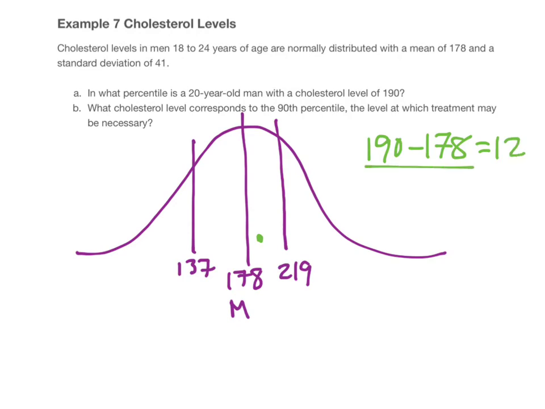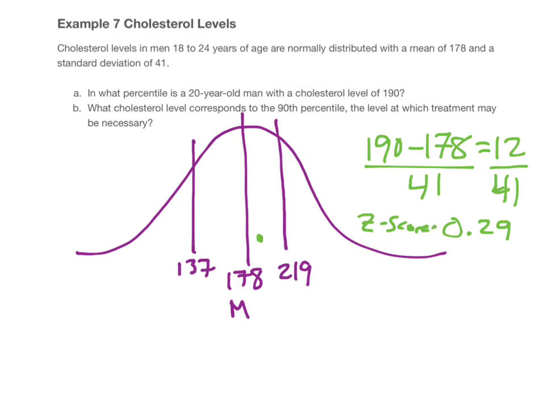Then divide that by the standard deviation, which is 41, and we get about 0.29. So he's about a third of a standard deviation above the mean. That's the z-score.